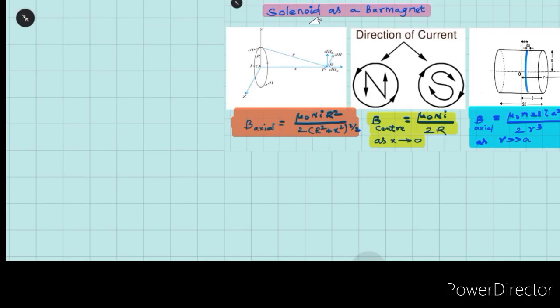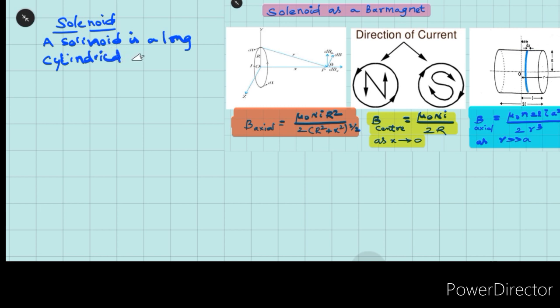Today we will discuss how a solenoid behaves as a bar magnet. We know that a solenoid is a long cylindrical coil of n number of turns.